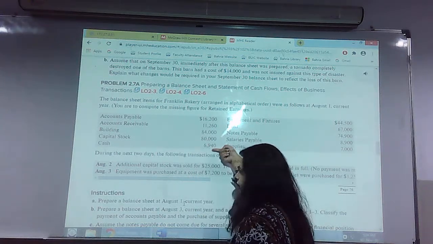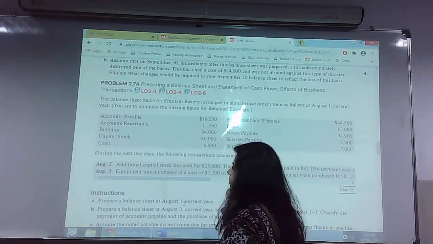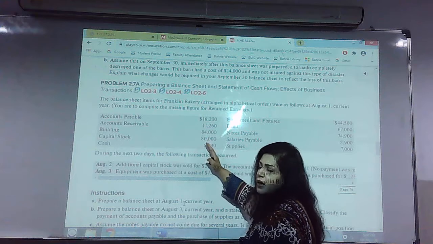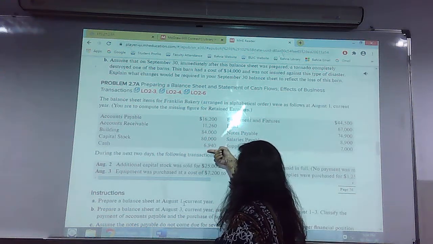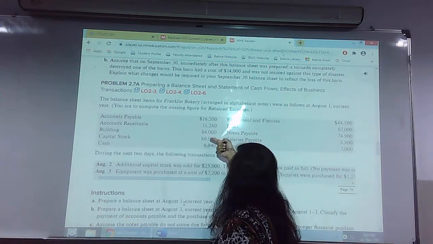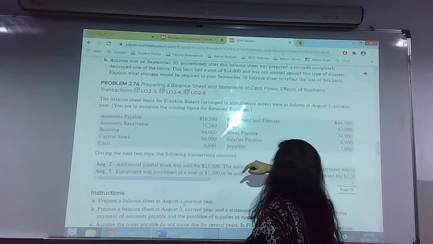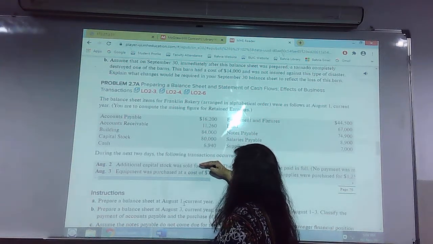First of all, you write the cash, and you can make the statement form balance sheet, or you can also form the T account form. I'm going to be making the statement form. So we have the cash first, then accounts receivable, then the building, equipment, and land. You add these up on one side.